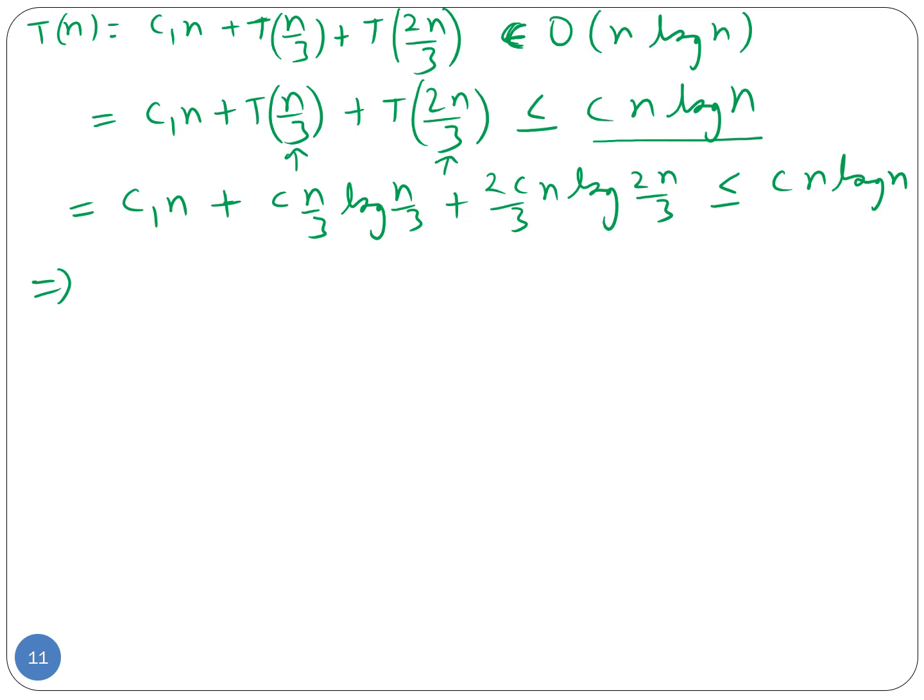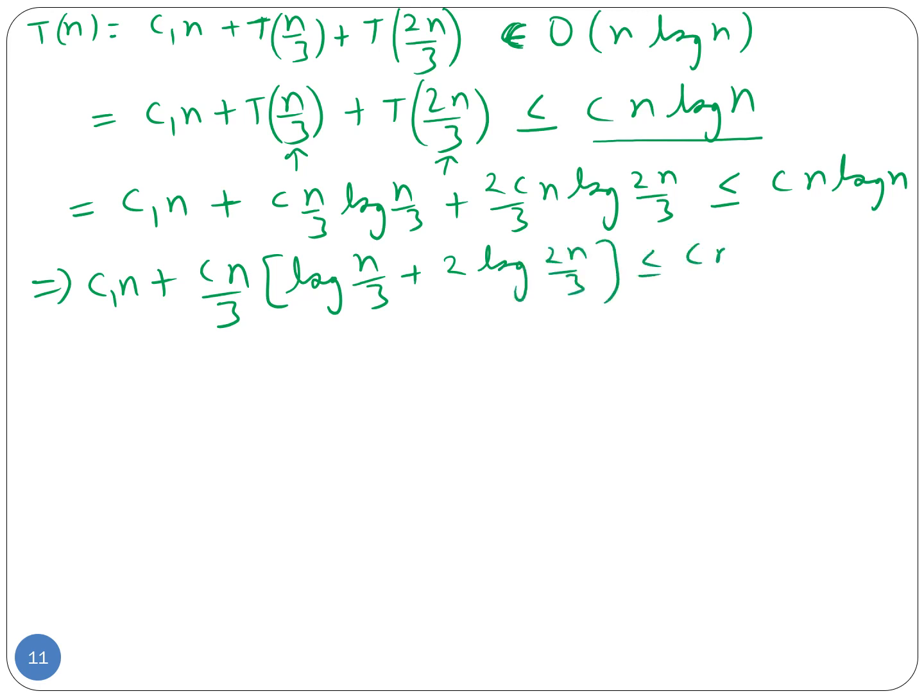So this basically implies that C1n plus, if we take Cn by 3 common from here, we get Cn by 3 times log of n by 3 plus 2 times log of 2n by 3, right? This should be less than or equal to Cn log n.